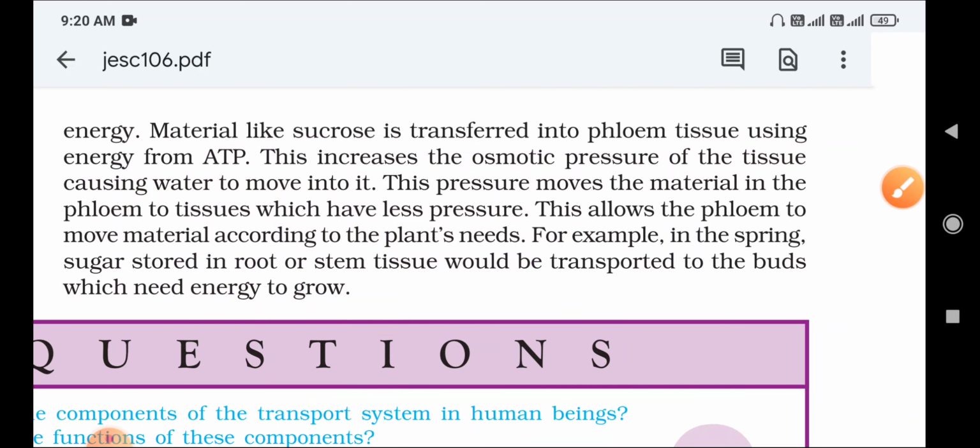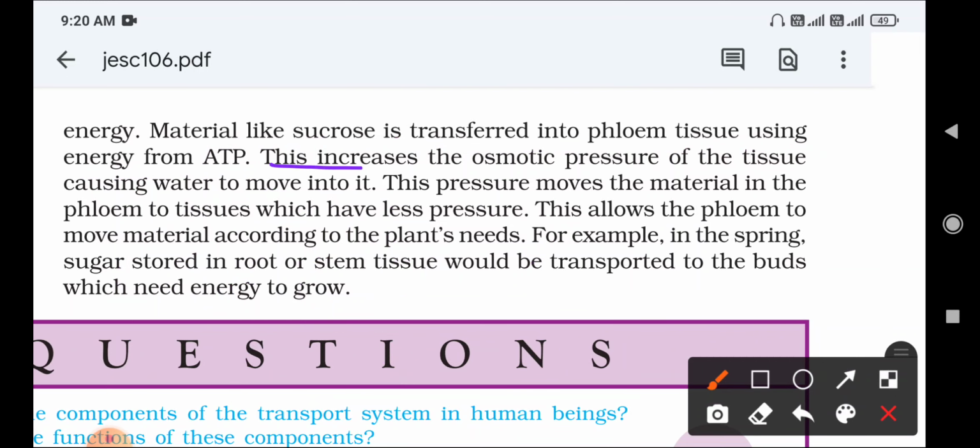This increases the osmotic pressure of the tissue, causing water to move into it. Here, you already know the definition of osmotic pressure. Osmotic pressure means the movement of water molecules from a higher concentration to a lower concentration.